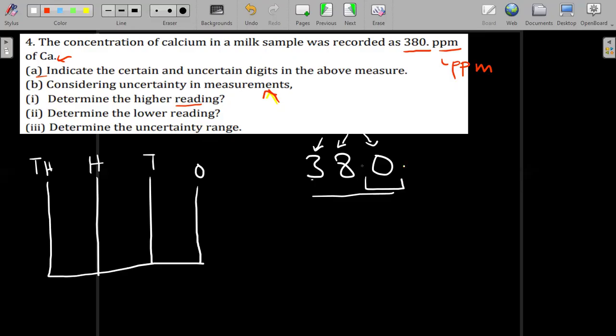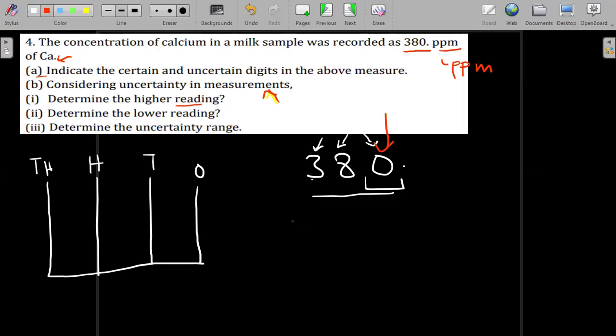So how are you going to find the higher reading? You have to find what we call the uncertainty range. You just go to the place where you have your uncertain digit. The uncertain digit here is in the place of the ones.